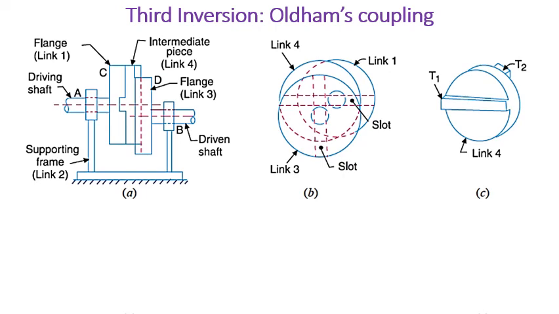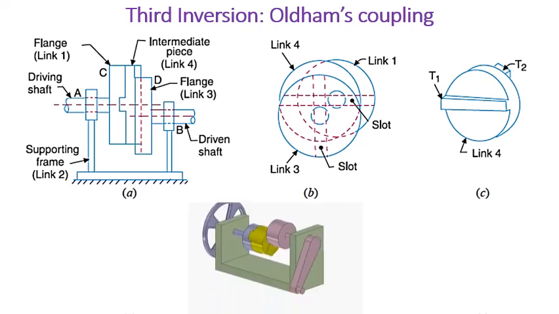Both the shafts, you can see driving shaft and a driven shaft, are coupled in such a way that if one shaft rotates, then the other shaft also rotates with the same speed. So in the animation you can see this is the driving shaft, so power is transmitting from driving shaft to the driven shaft through this coupling.